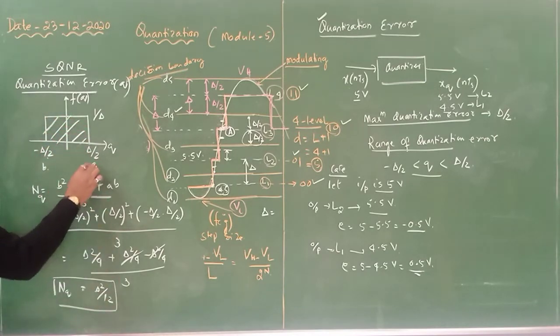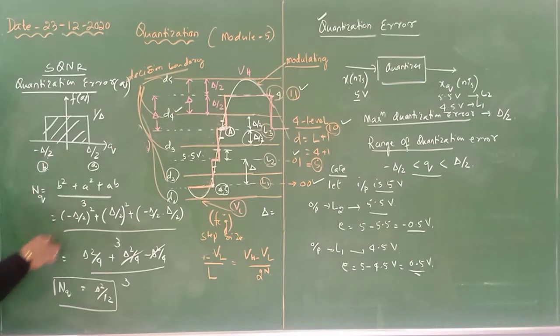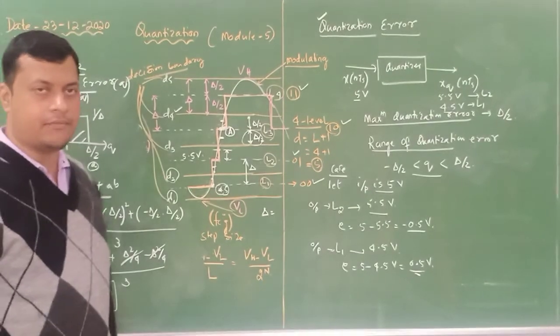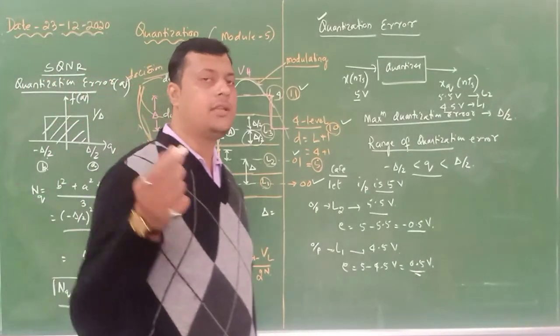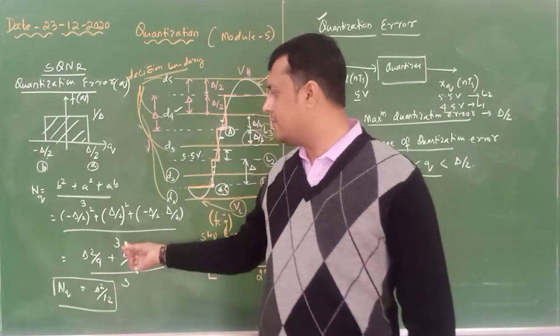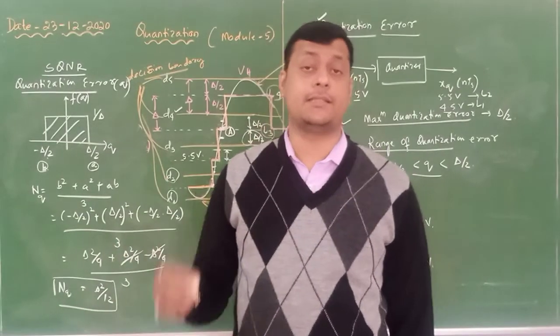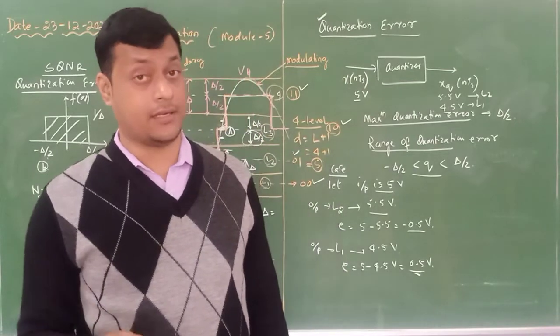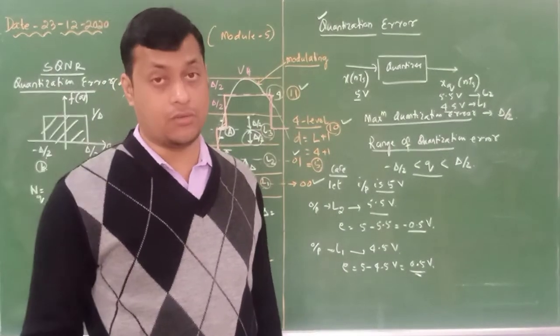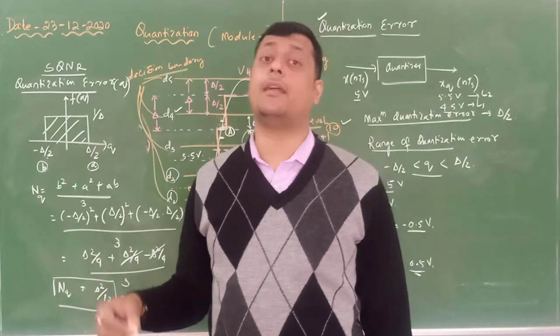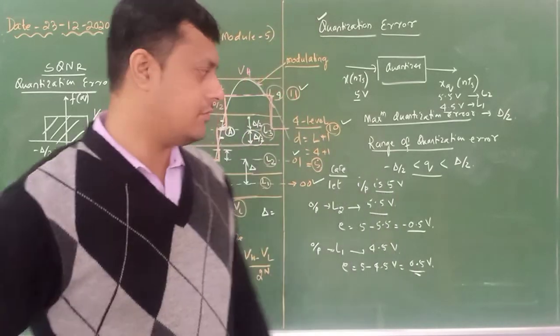So you fix the values B and A within this region. The equation will be B square plus A square plus AB divided by 3, because 3 components are there. If you solve this, you will get del square by 12. This is the quantization noise power. Now if the signal power is known, and you divide it by this component, you will get your SQNR value. Okay, let's see.